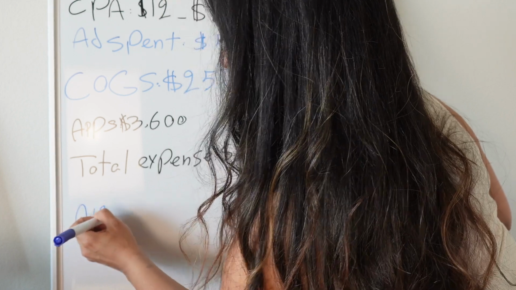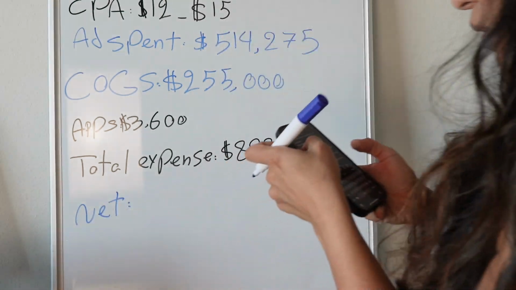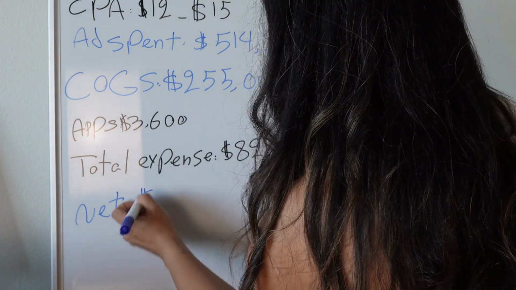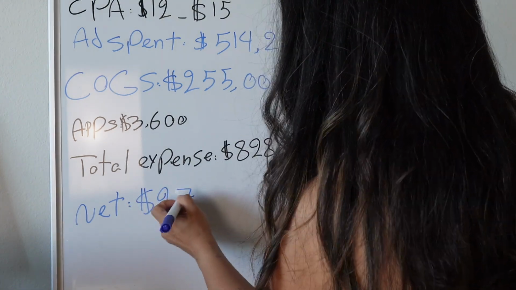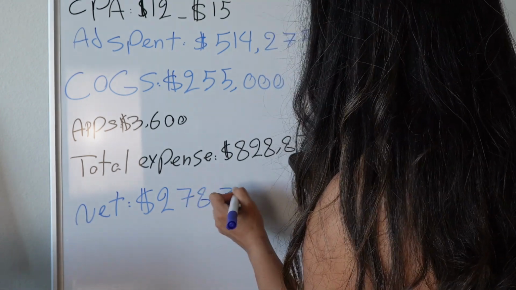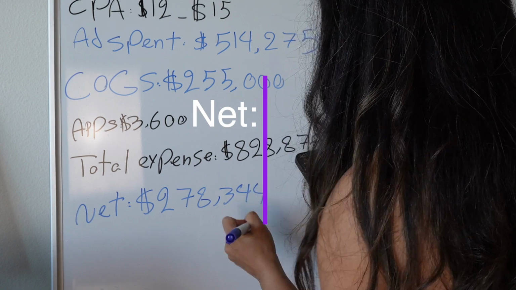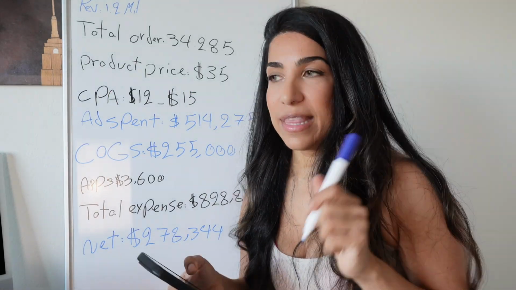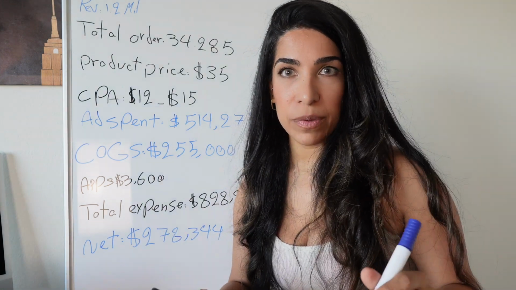Let's talk about the net profit. Net profit was 278,344. So this is the net profit. Now, this is what's in your business, and a lot of people don't understand this.